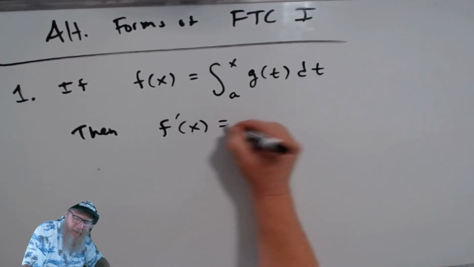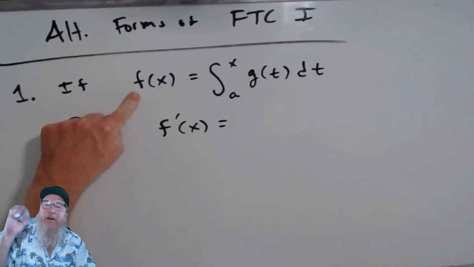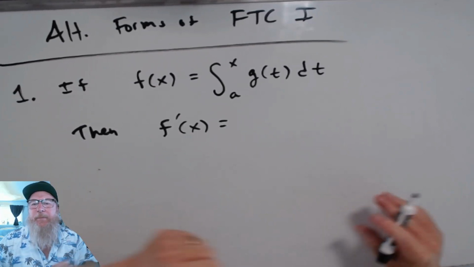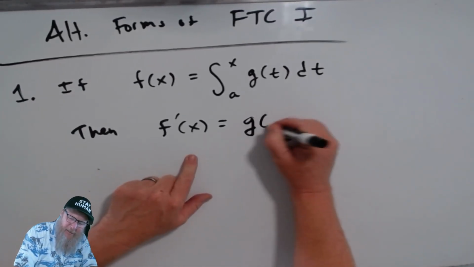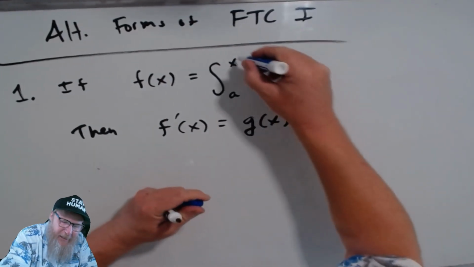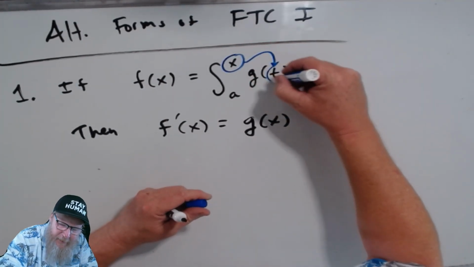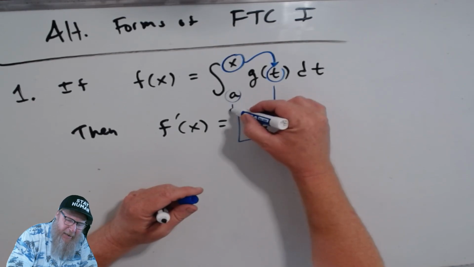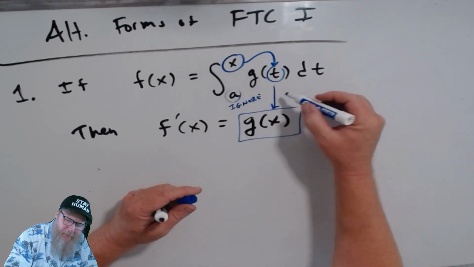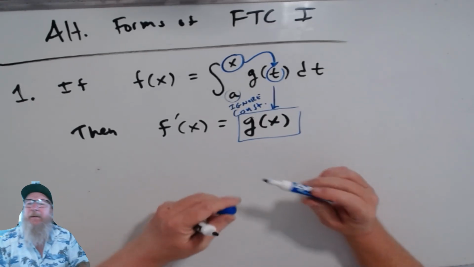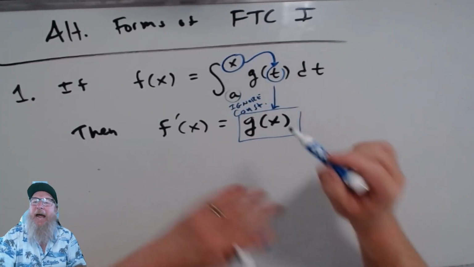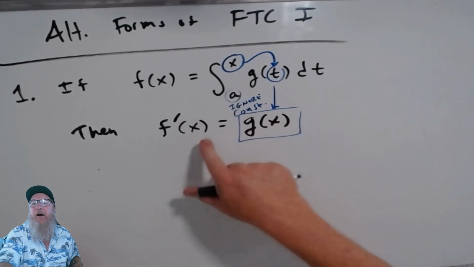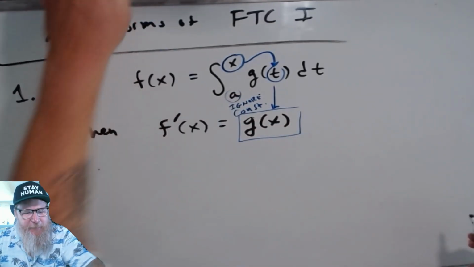Then the derivative of F is just equal to g of x. So essentially, you take the x, you plug it into the t, and then there's your final answer. And then you ignore a. A is a constant. Remember, in the fundamental theorem part 1, you are taking the derivative of an integral. And so that's part 1.